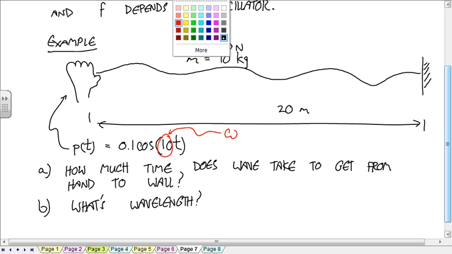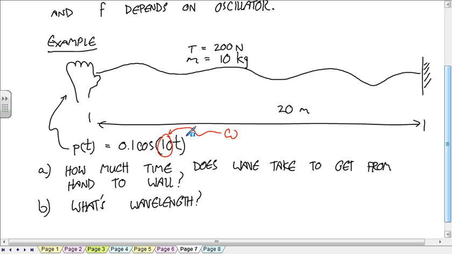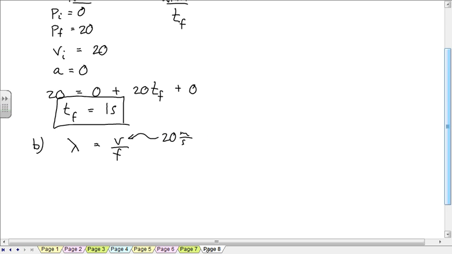Any questions about spotting that one? Okay, so omega is 10. The period then is 2 pi over 10.